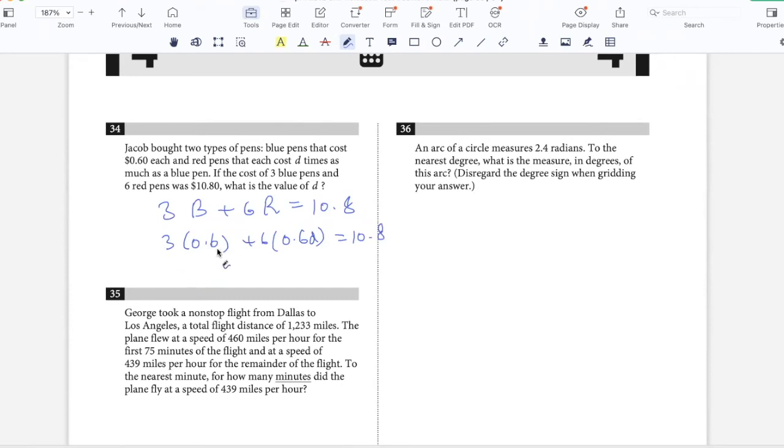So that would be 1.8 plus 3.6D is 10.8. So 3.6D is 9. So D is 9 by 3.6, which is 2.5. So the value of D is 2.5.